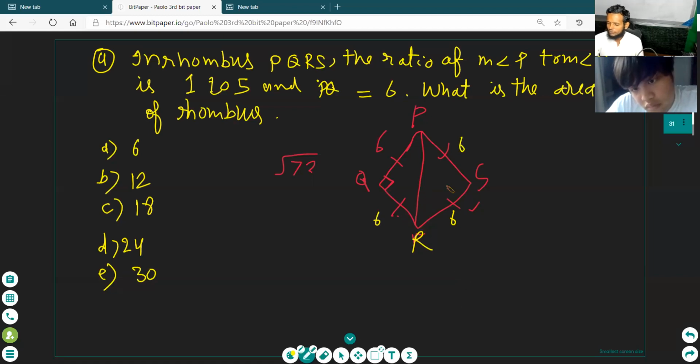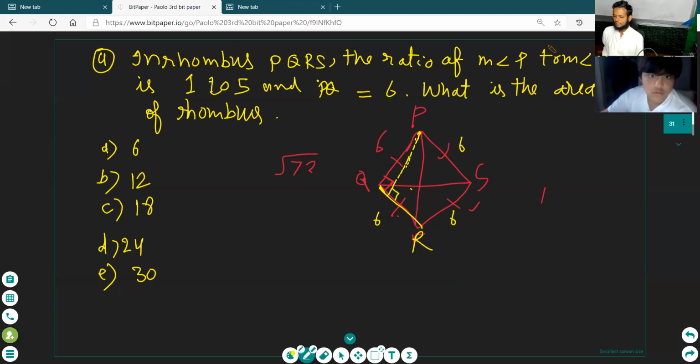Draw the perpendicular. This is not perpendicular, okay? You are drawing the diagonals. Draw a perpendicular on the line. If this is a line, draw a perpendicular on this line. This is the perpendicular, okay? Clear or not clear?